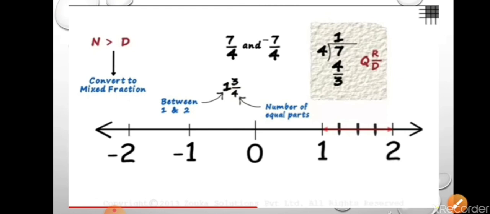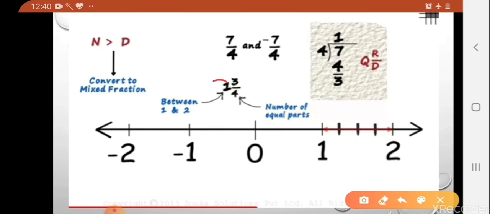Next, by the whole number we can say that it will lie between 1 and 2. Now we have got one proper fraction also, 3 upon 4.